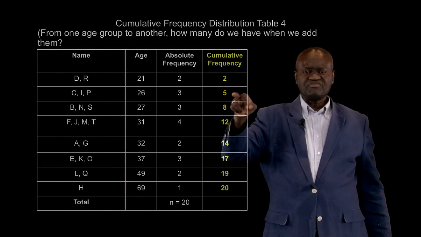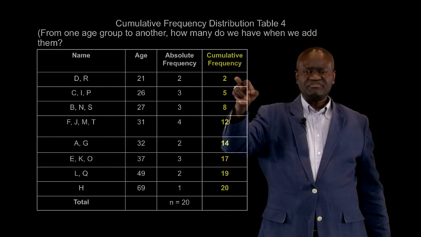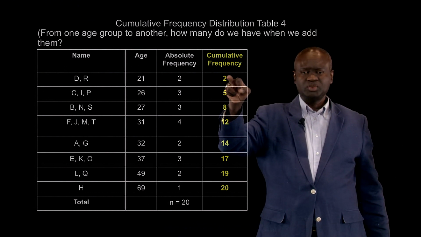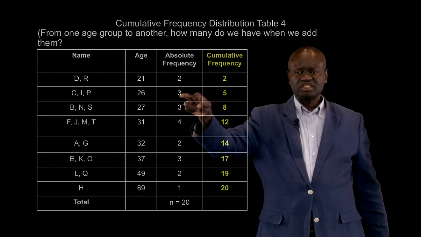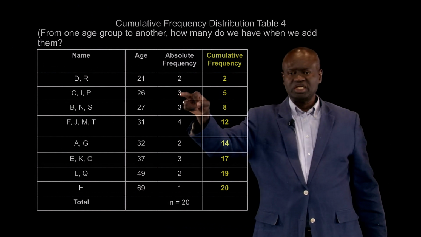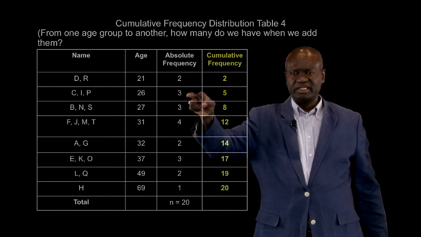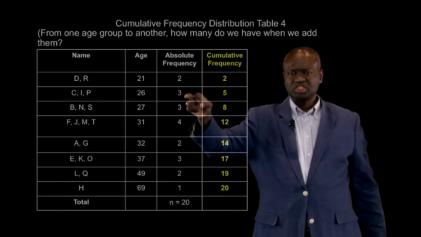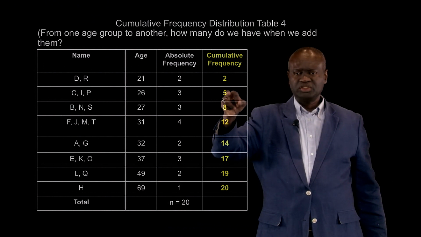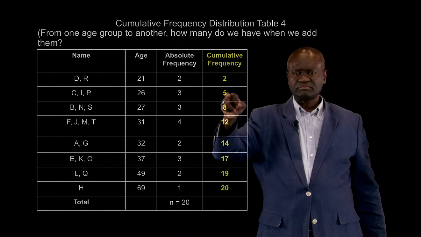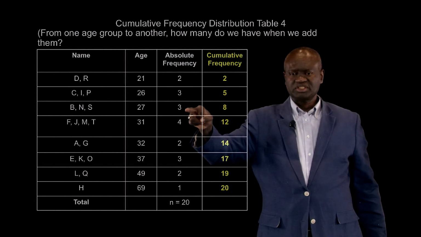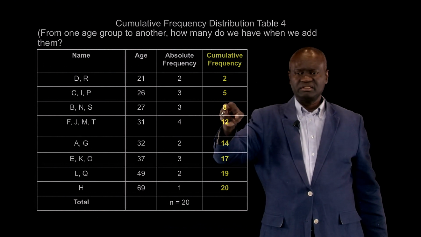But what is number 5? Number 5 is the sum of this 2 and this 3. So you go along the oblique line, from here to this one. That is 3 plus 2, that is 5. And then 5 plus 3, that is 8.